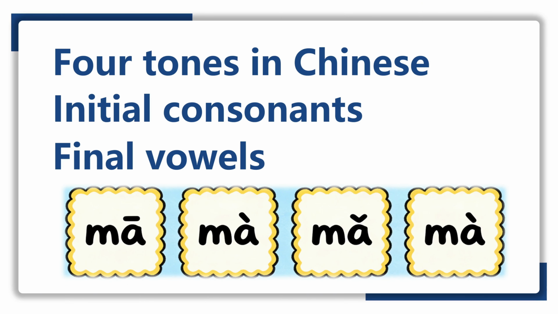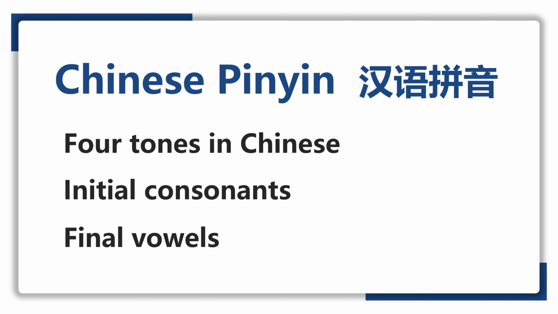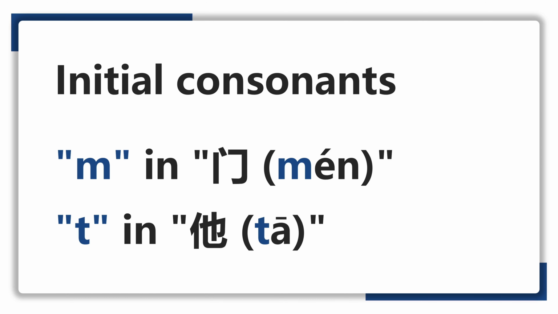Chinese Pinyin, Hanyu Pinyin, is a tool to mark the pronunciation of Chinese characters with Latin letters. It consists of three parts: initial consonants, final vowels, and tones. Initial consonants are consonants at the beginning of a syllable, such as m in men, and t in ta, which are equivalent to the initial consonants of pronunciation.